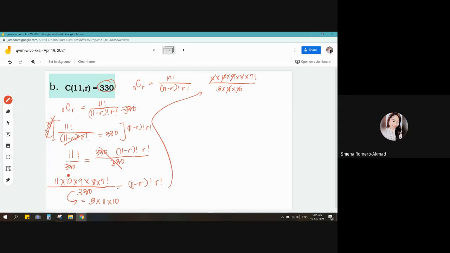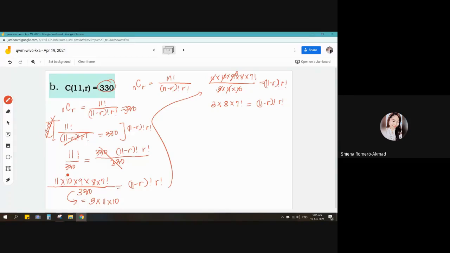So, 9 divided by 3 is 3. So, we'll get here. Wait lang sulat ko muna yung naiwang hindi na isulat. So, we'll have 3 times 8 times 7 factorial equals 11 minus r factorial times r factorial.